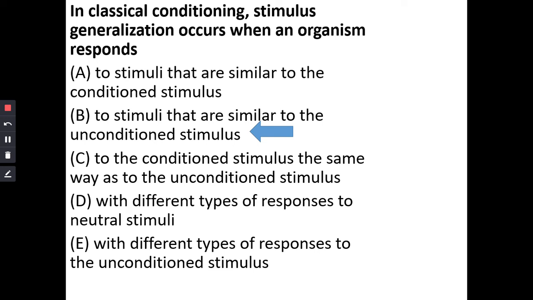So the unconditioned stimulus would be like what you're naturally reacting to without any conditioning. So if you start liking roses, but then you like things that are similar to roses. Okay, tough one, tough one.